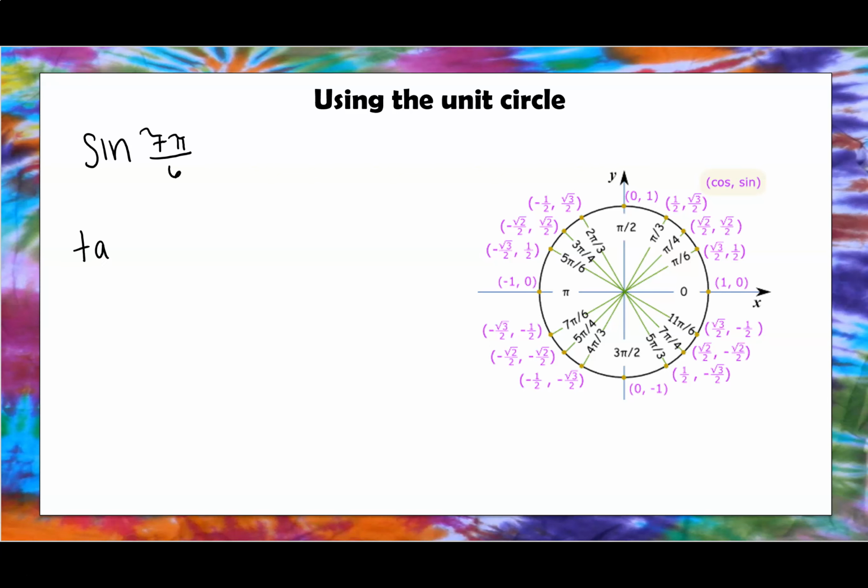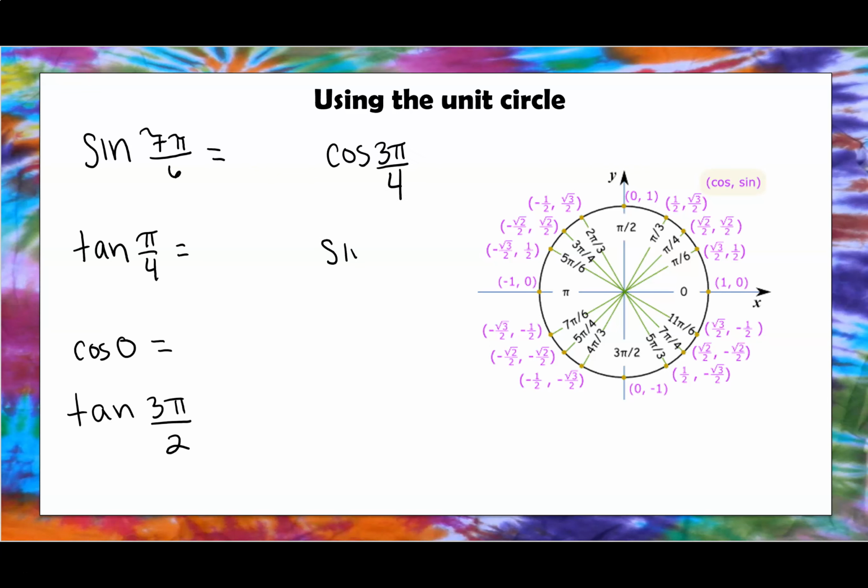What is a tangent of pi over 4? What's a cosine of 0? And how about a tangent of 3 pi over 2? How about a cosine of 3 pi over 4? How about a sine of 3 pi over 2?